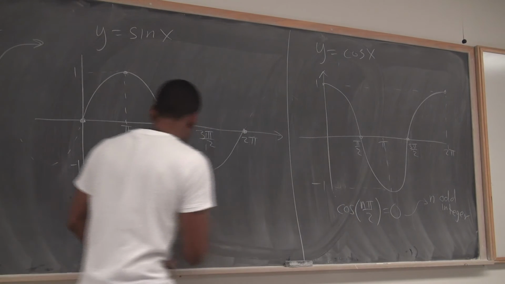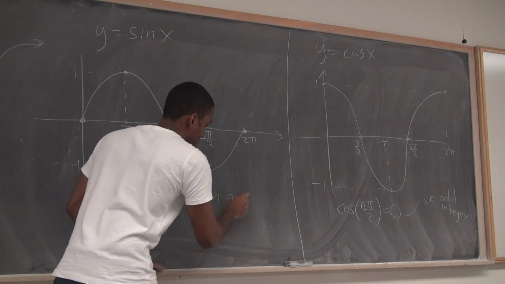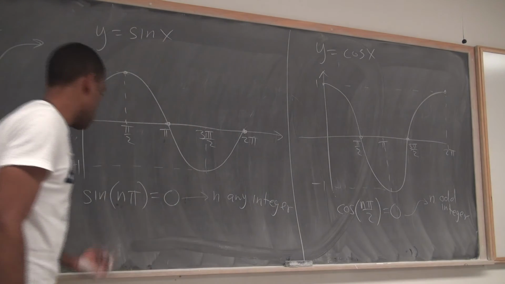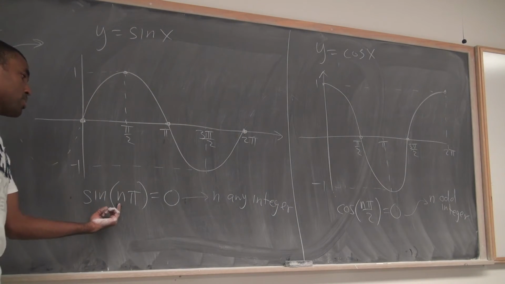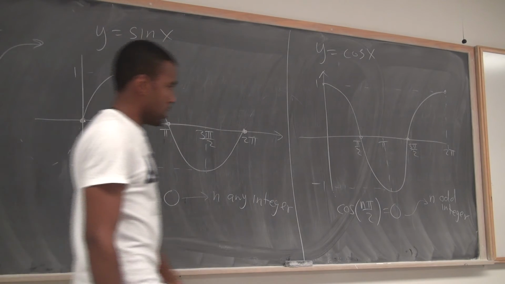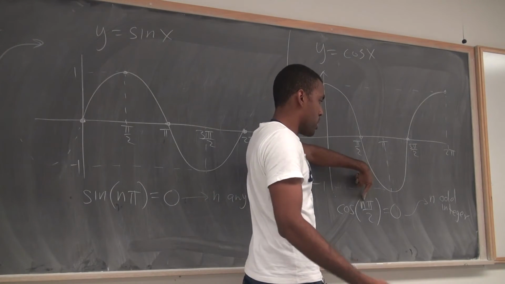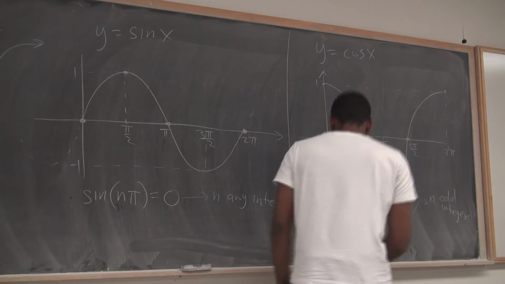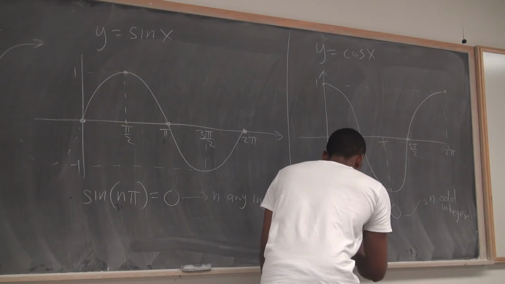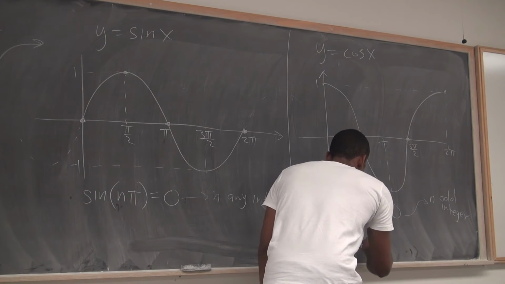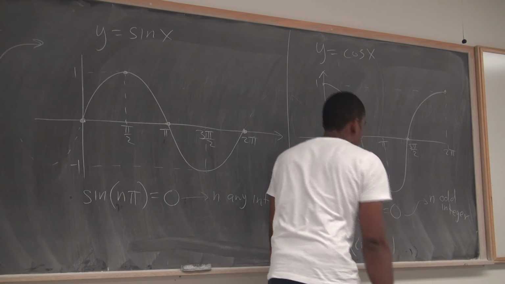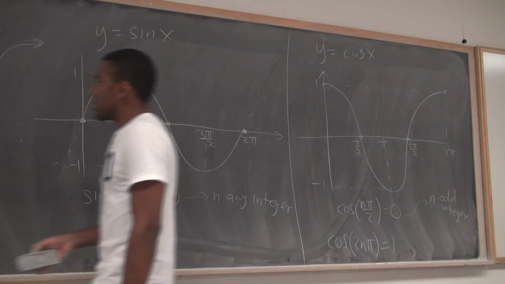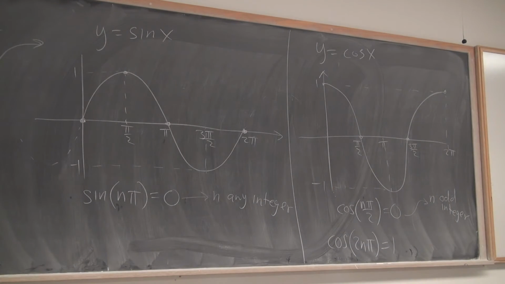For sine, n is any integer. Integer just means whole number, right? So for sine we have pi, plus or minus pi, plus or minus 2 pi, plus or minus 3 pi, that works. Here it works for pi over 2, 3 pi over 2, 5 pi over 2, 7 pi over 2, etc. You also know that cosine of 2n pi is always going to be 1. So we know those from the graphs.